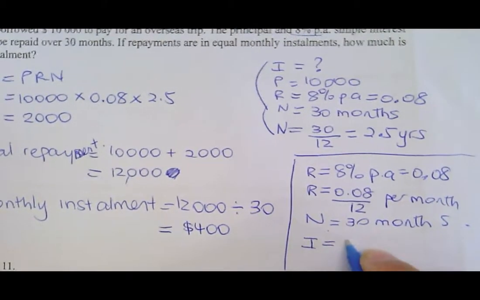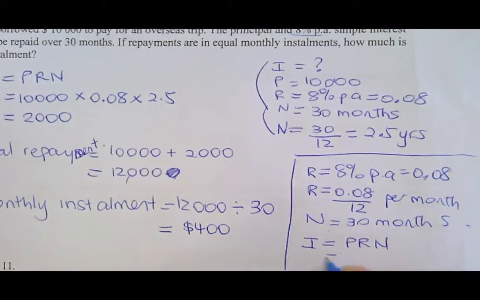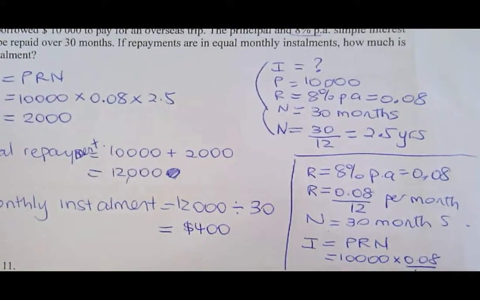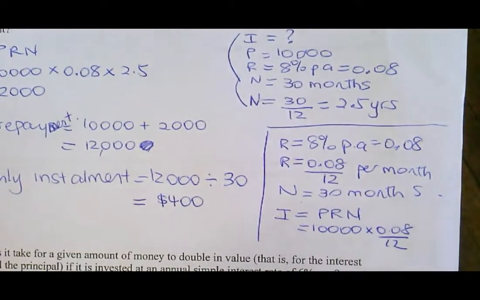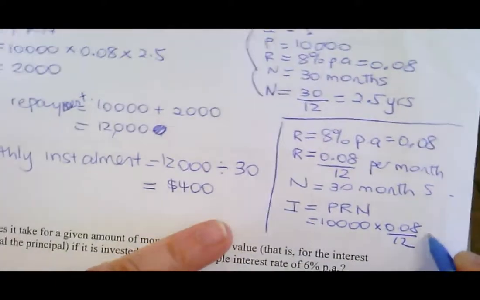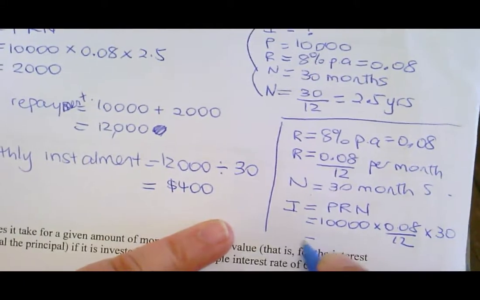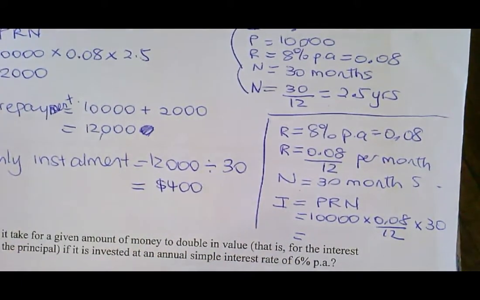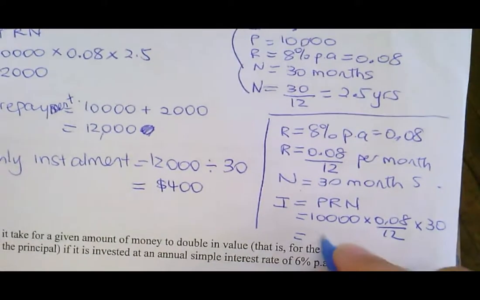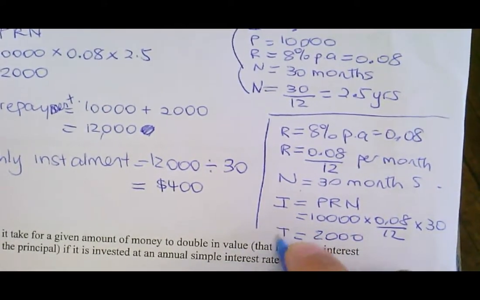So interest I equals PRN, which is 10,000 times 0.08 over 12. The reason I'm not simplifying 0.08 over 12, I know it's 2/3, is that if I start rounding it off, you're going to get rounding errors, times 30. So could someone please do 10,000 times 0.08 divided by 12 times 30, and you're going to see you get 2,000.